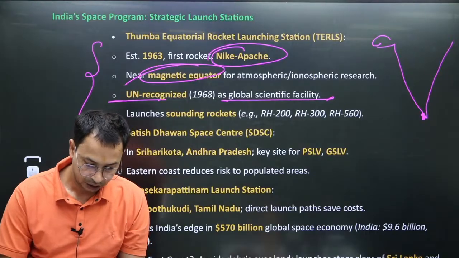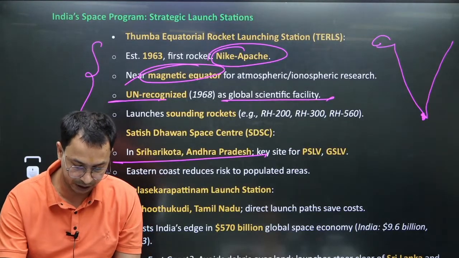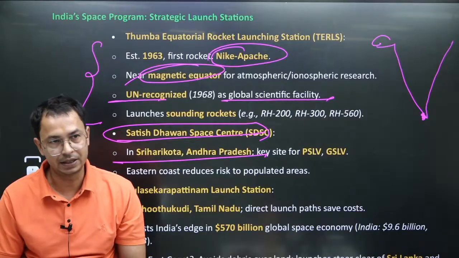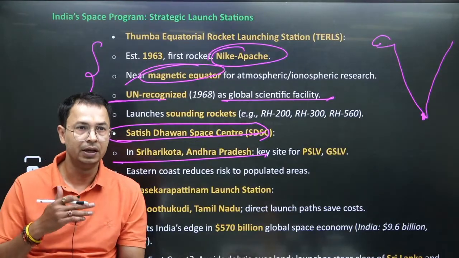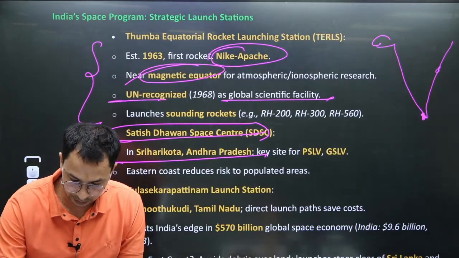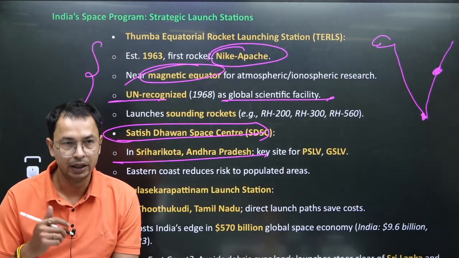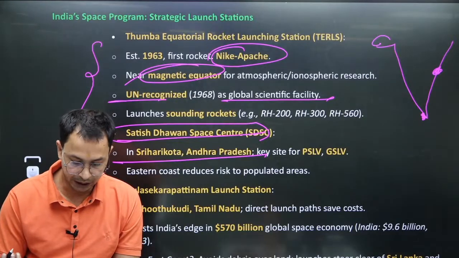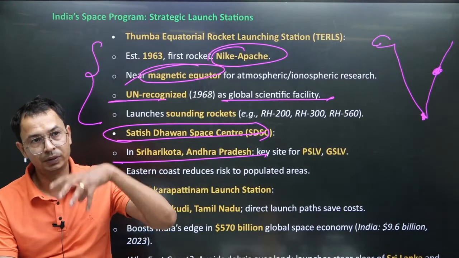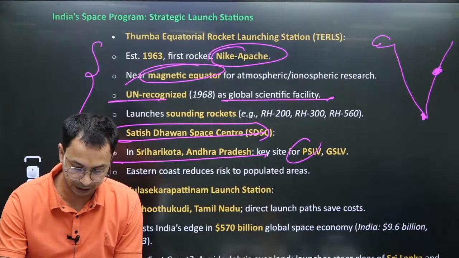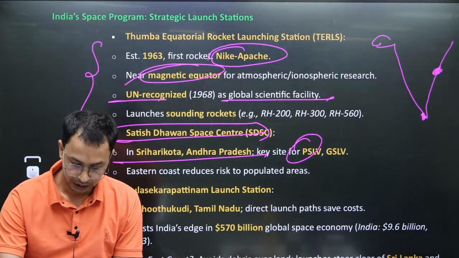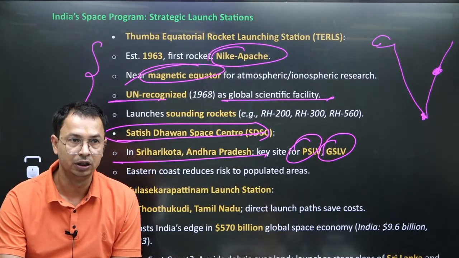Then again we have Satish Dhawan Space Center, SDSC. Satish Dhawan Space Center is in Sriharikota, on the eastern coast of India. And from the Satish Dhawan Space Center we launch PSLV, Polar Satellite Launch Vehicle, and GSLV, Geosynchronous Satellite Launch Vehicle.